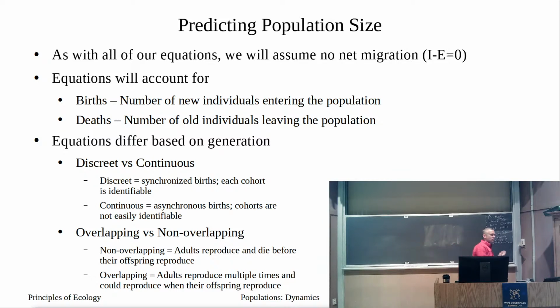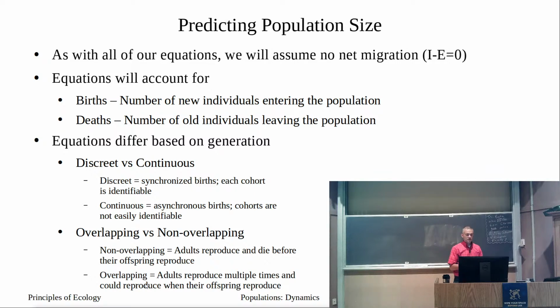Overlapping versus non-overlapping refers to reproduction of our adults and our offspring. If we have non-overlapping generations, then all of our adults are going to die before their offspring start to reproduce. Annual plants are a great example. Annual plants are discrete. You can identify the cohort very easily. They have non-overlapping generations.